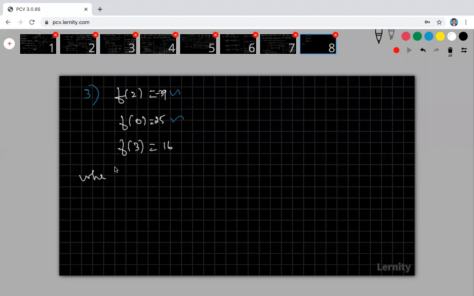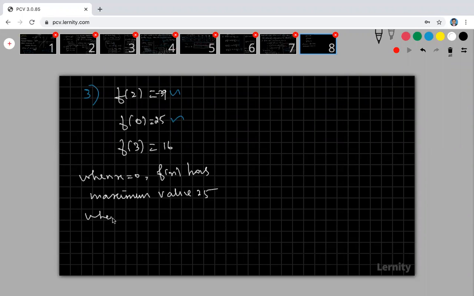So therefore, when x is equal to 0, f of x has maximum value 25.